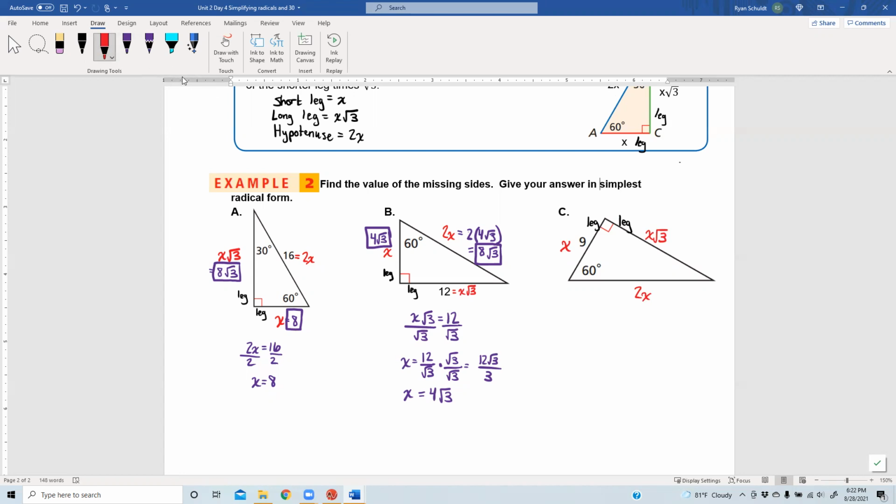Okay, I like what I see here. x equals 9. There it is. Period. End of story. x is 9. So anywhere I see an x, I'm plugging a 9 in. 9 square roots of 3. This is going to be 2 times 9. Well, 9 square roots of 3 is done. I can't do anything to it. 2 times 9 is 18. Now he's done.